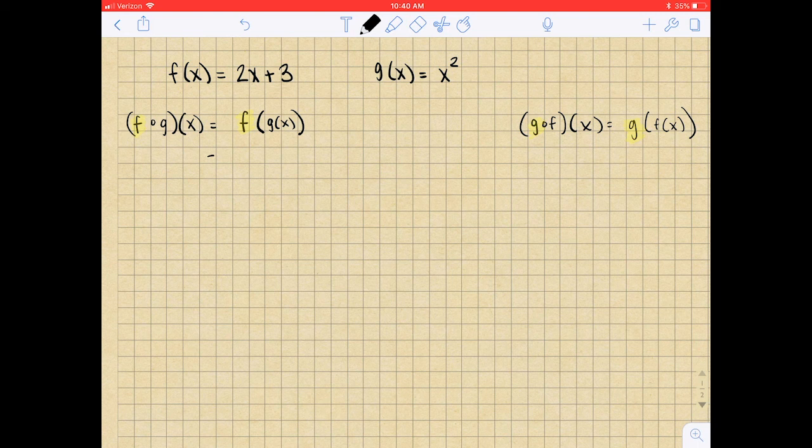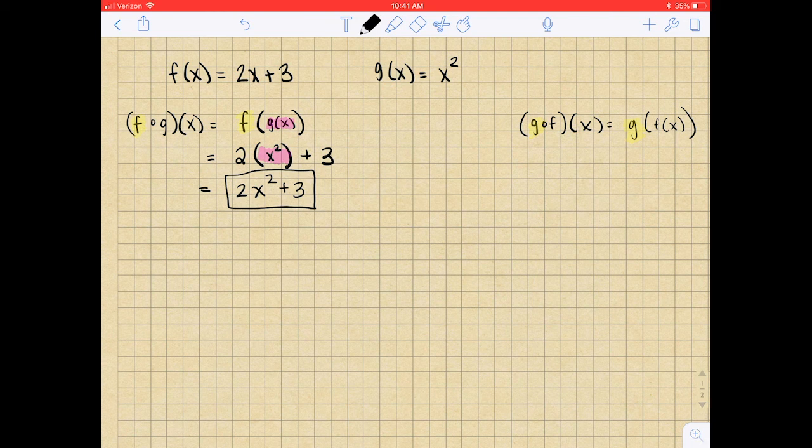So I'm going to write my outside function, which is f, and that is 2x plus 3. But for every x that I see, I'm going to replace it with the g of x function, and that's going to have to go right there. Well, g of x is defined by x squared. And I simplify, and there's nothing else to do, so I have found the composite of these two functions.